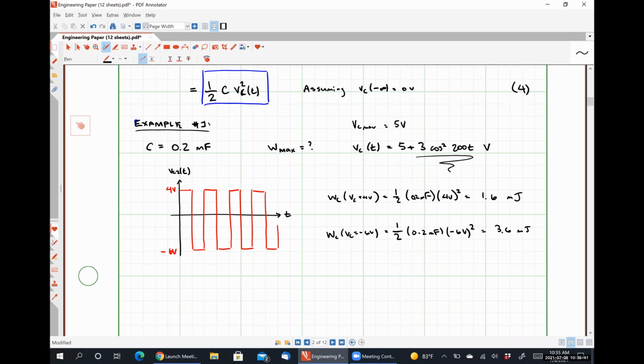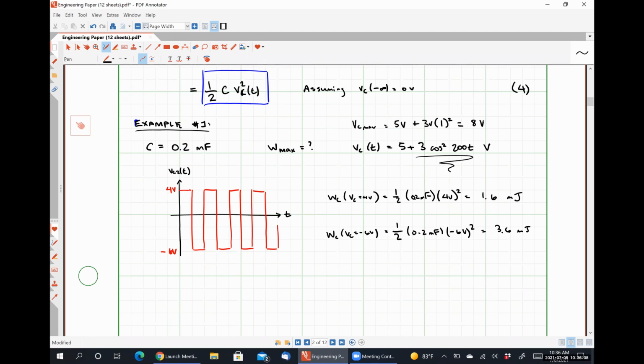All right. And so that is being multiplied by a factor of 3. So we would have 5 volts plus 3 volts times 1 squared, which means that our maximum value for our voltage here is 8 volts. Seem reasonable? Yes, sir.